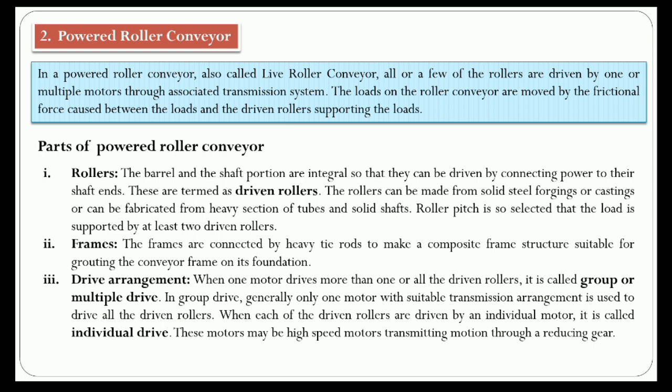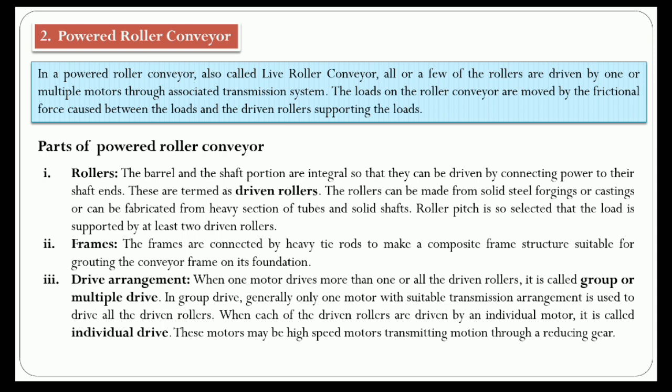The rollers of a powered conveyor are quite different from the unpowered roller conveyor rollers, where the barrel and the shaft portion are integral, so that they can be driven by connecting power to their shaft ends. These integral shafts are mounted to the bearing housing in the frame at two sides, and these are known as driven rollers.